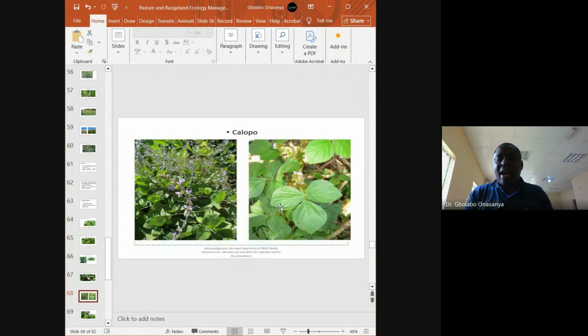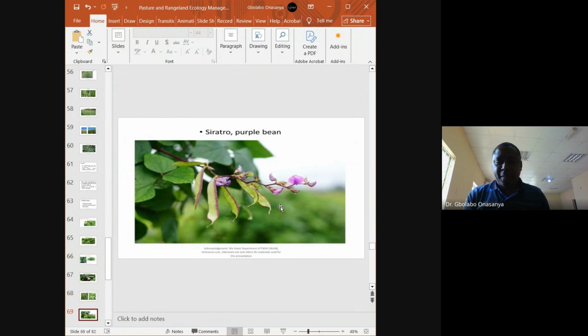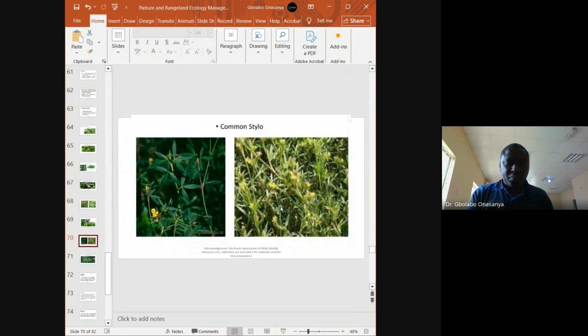These are Calopogonium mucunoides. If you go to the front of the faculty, you're going to see all of these grasses, all of these legumes. That is Centrosema. This is Stylosanthes gracilis, popularly called stylo.